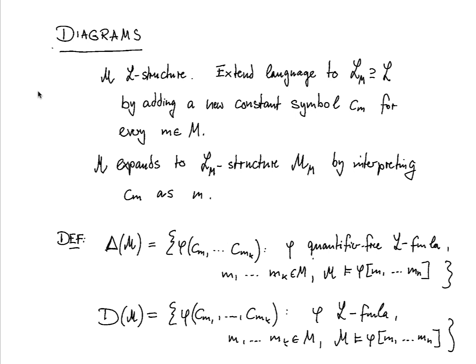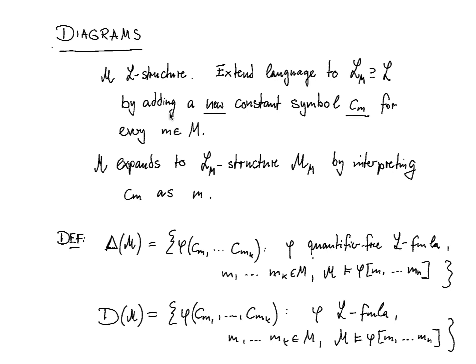It is possible to do something analogous on the syntactical side by introducing additional constants to the language that represent the elements of a specific structure. And that is called the diagram method. So suppose we have an L structure M and we extend the language from L to L_M by adding a new constant symbol c_m for every m in M. So we just take, for every element in our structure, and add some constant symbol to the language.